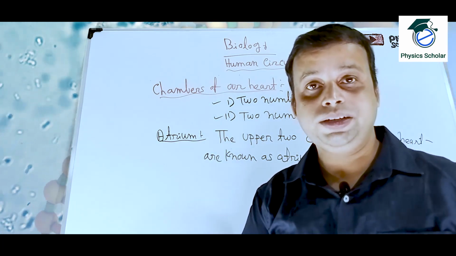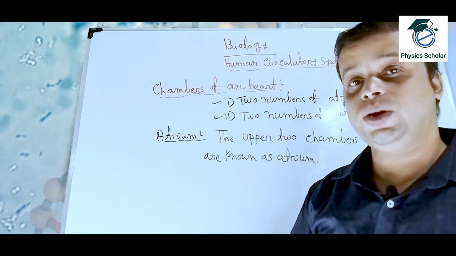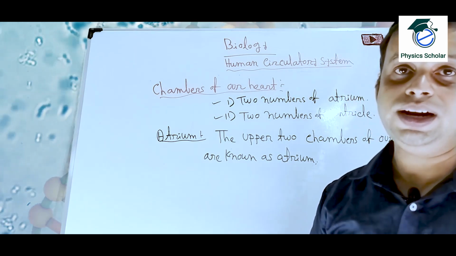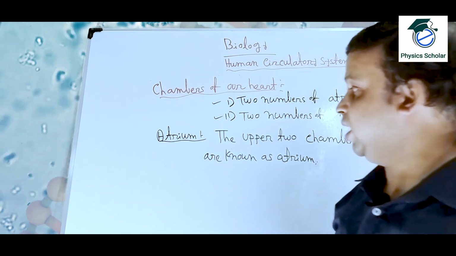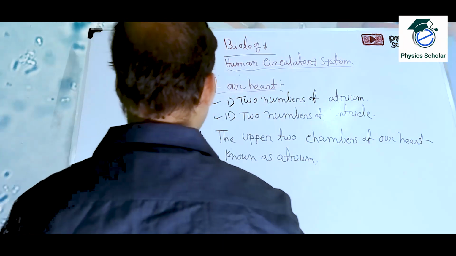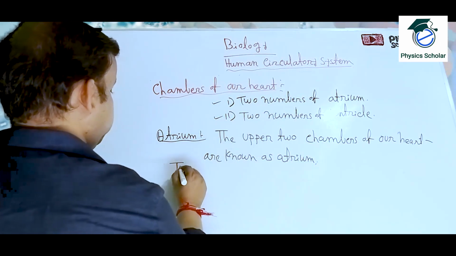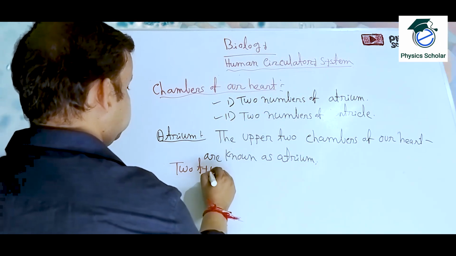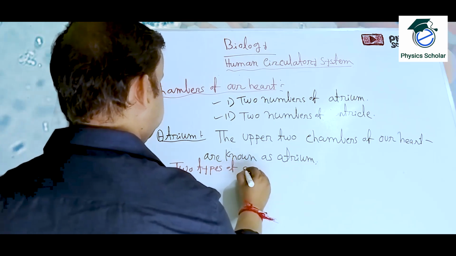So the atrium which is situated at the left is known as the left atrium, and which is situated at the right side of the heart is known as right atrium. So how many types of atriums are there? 2 types of atriums are there.